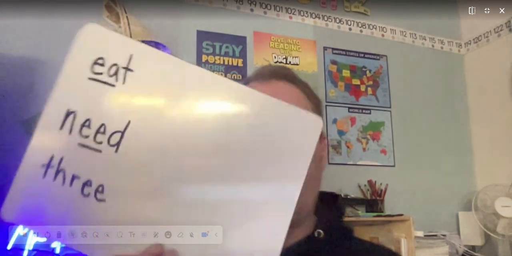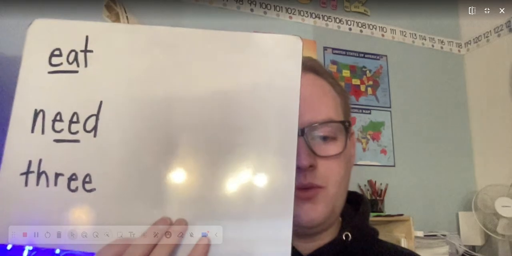The next word is going to be three. Three. Good job. That EE spells E in that word. The next word is kidney. This one's a little tricky. Kidney, it's 2 syllables, so let's chop it. We have kid-ney. Okay, so that first chop was kid.